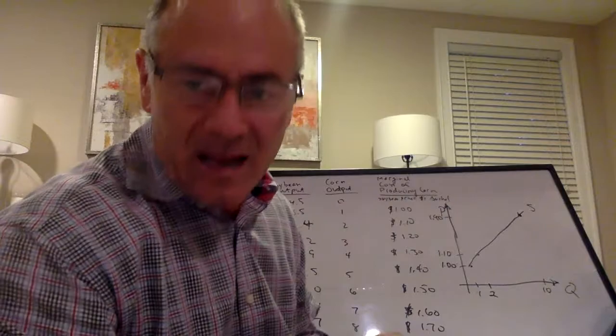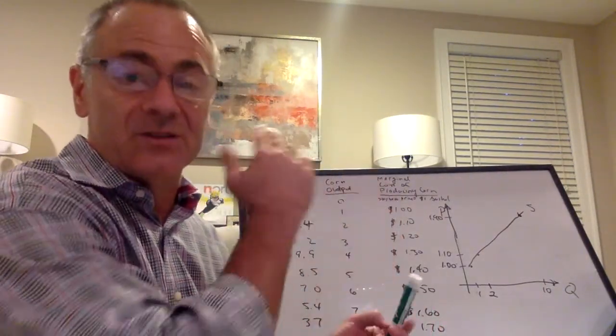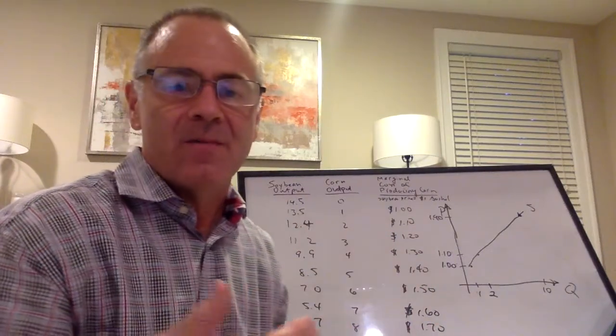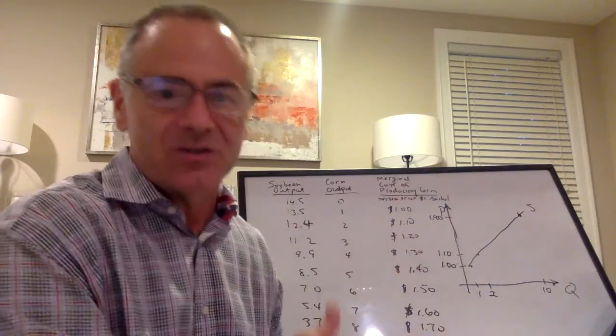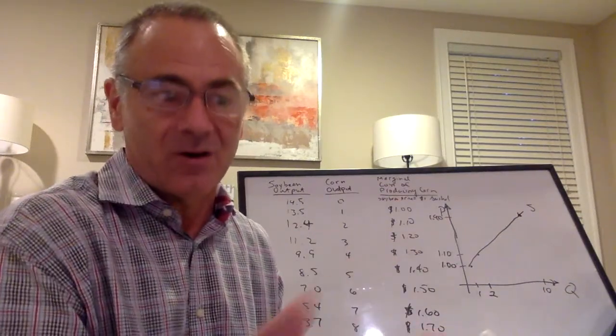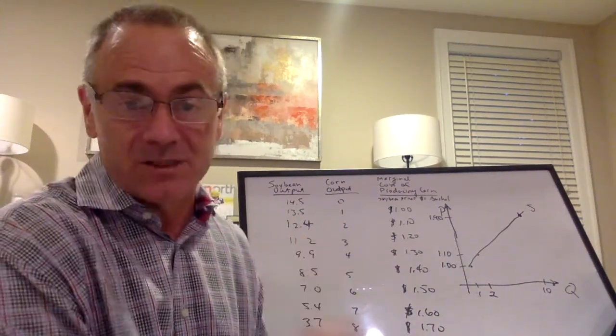Now the book says what happens when the price of soybeans changes. We talked about this with demand curves. When the price of a substitute or a complement changes, that causes a shift in the demand curve. Something similar is going to happen here.